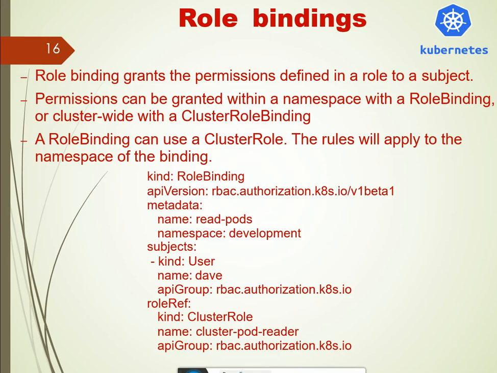The rule will apply to the namespace of the binding, right? Kind role binding, API version like this, and the metadata, name, namespace, then subjects, kind user, name, API group, then role reference, kind, and the name, and then API group. This is about role binding.